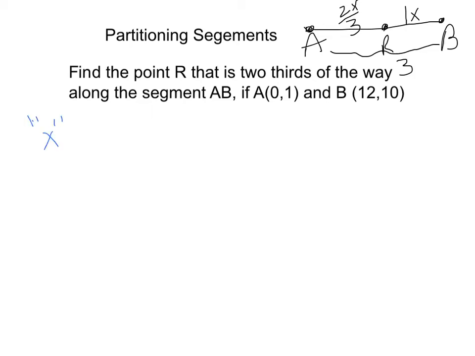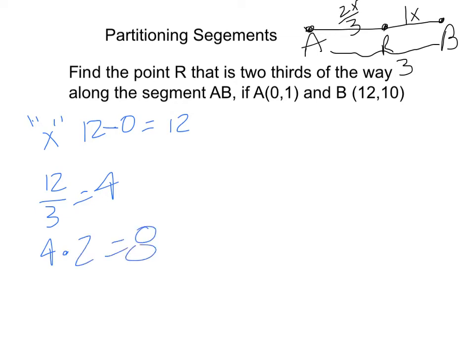So we're going to take 12 minus 0, which is 12, and we are then going to take that 12, divide it by 3 to get 4, and then take that 4 and times it by 2 to get 8, and then I'm going to take 0 plus 8 to give me my new x coordinate of 8.